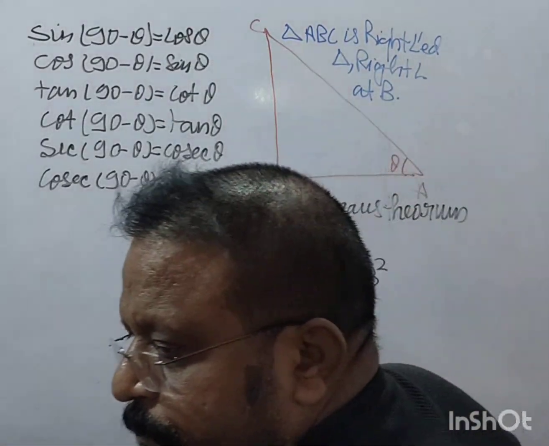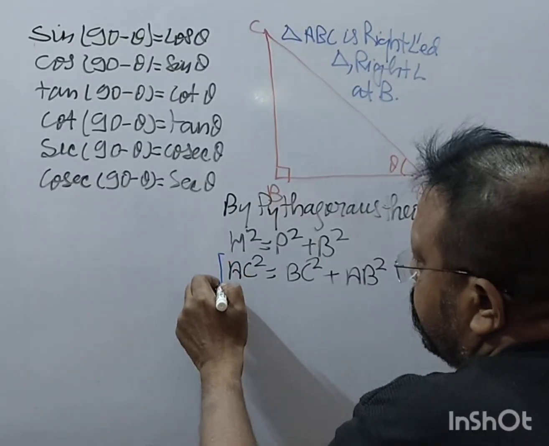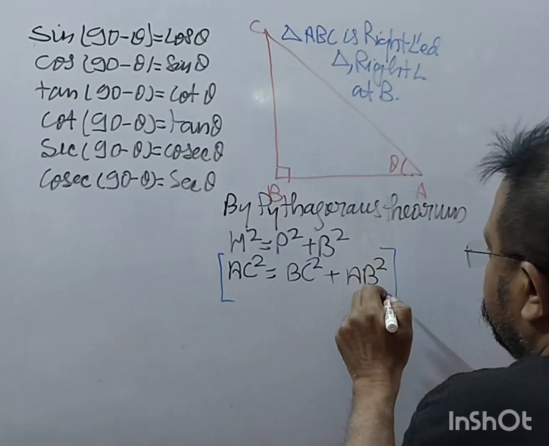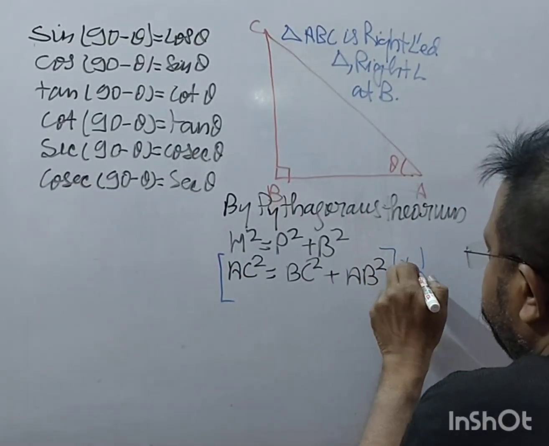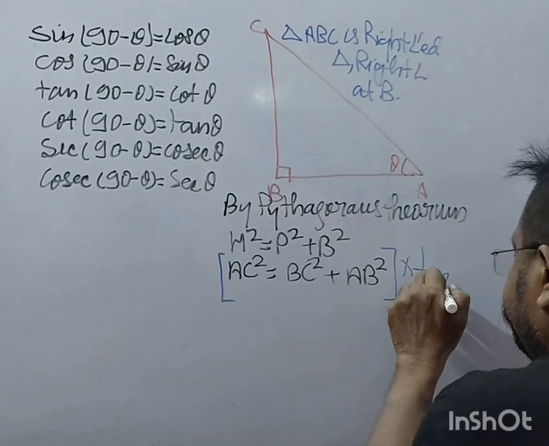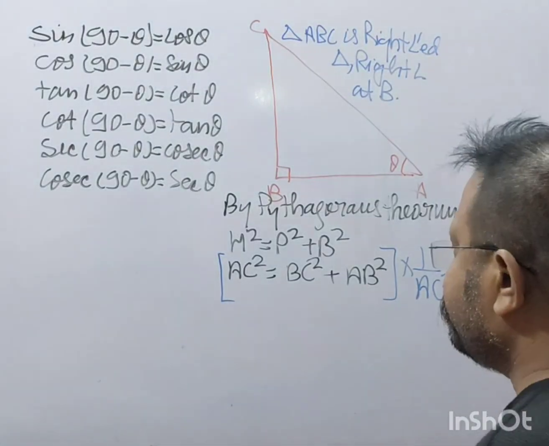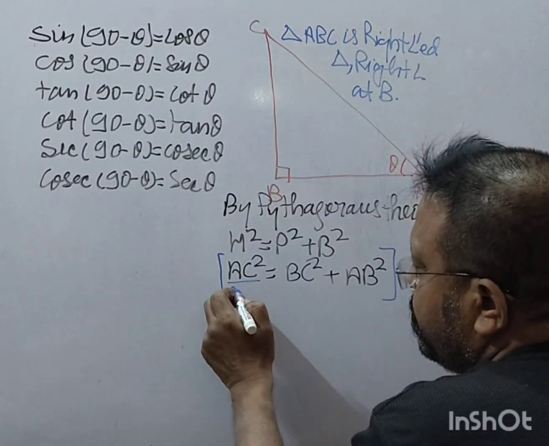Now both sides, dividing by AC square. Then what happens? Here will be AC square.